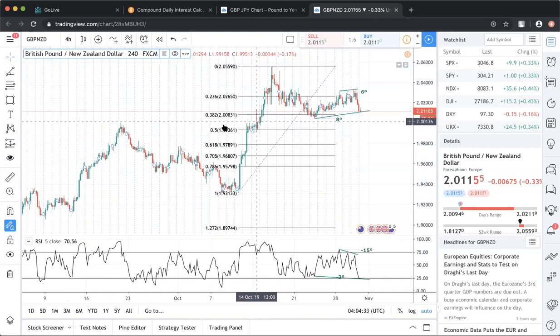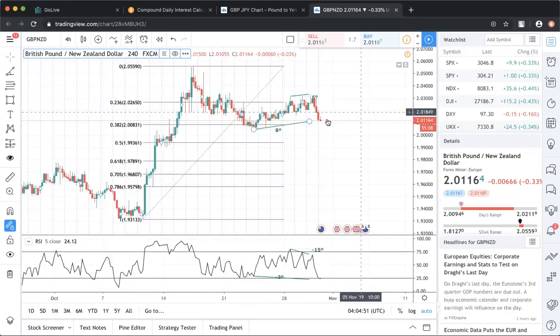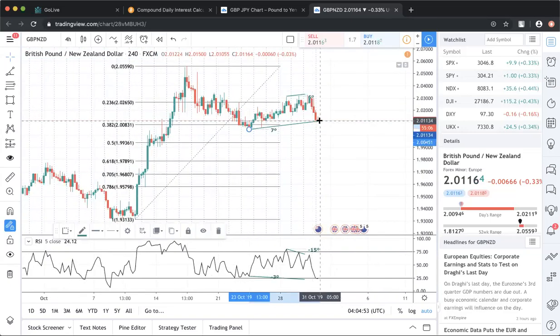But I like more structure down there, so I would still watch out for this to go down. But we have two confirmations right now, a bullish divergence and a 38.2 rejection for a move to the upside. Now what I want to see is, again, a nice candlestick formation, some bullish momentum starting to form.